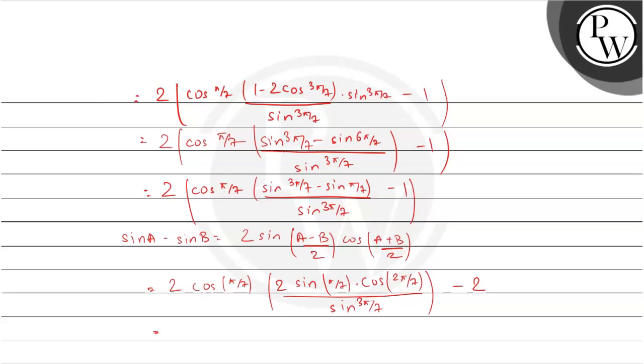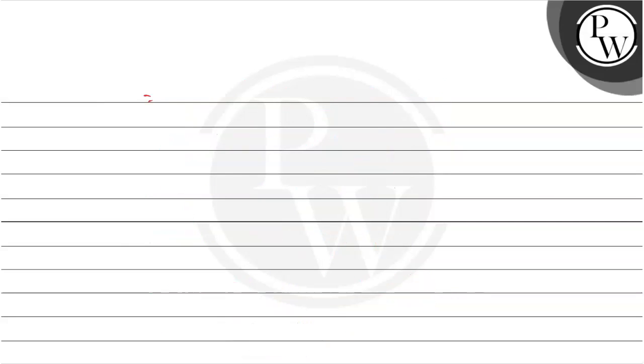which is basically, I'll send this cos of pi by 7 inside, and I'll find 2 times sine pi by 7 times cos pi by 7, which is basically sine of 2 pi by 7, and this would become 2 times sine of 2 pi by 7 times cos of 2 pi by 7 upon, and I'll rewrite this sine of 3 pi by 7 as sine of 4 pi by 7, again using the formula sine of theta equal to sine of pi minus theta, and this minus 2 would remain the same, thus making my entire thing.